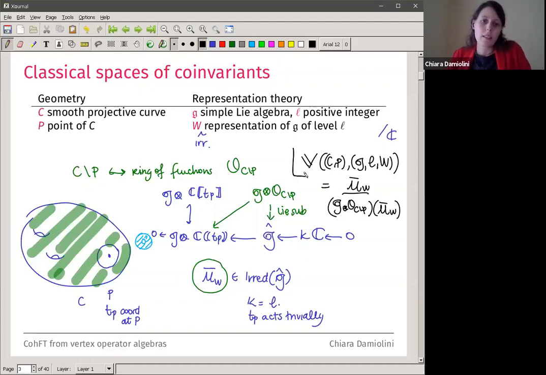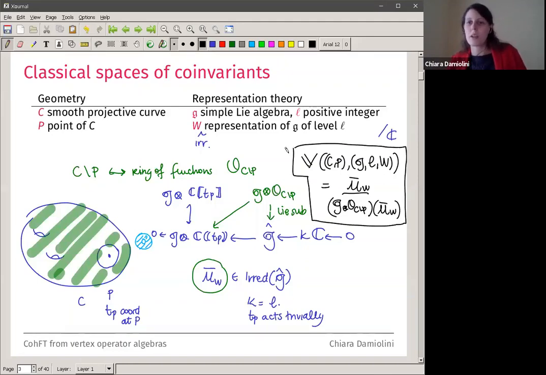So this is the classical construction of sheaves of spaces of coinvariants starting with the Lie algebra. And the name just tells everything. They're just coinvariants with respect to an action. And one can do this procedure also for nodal curves.